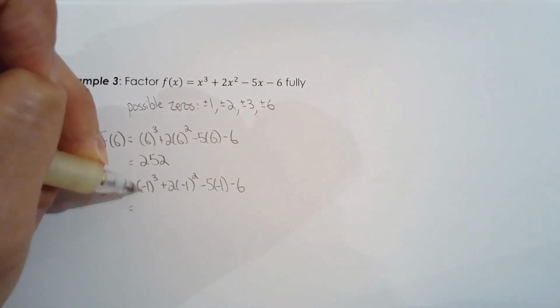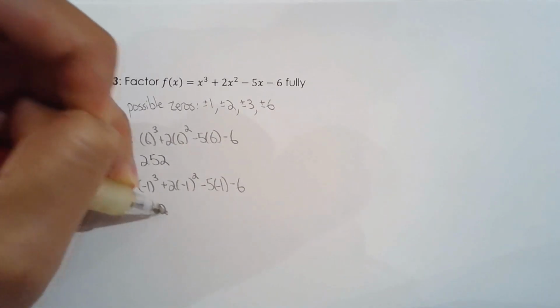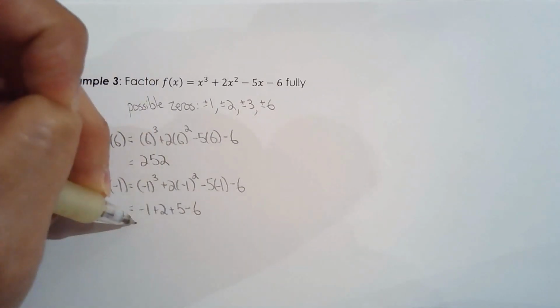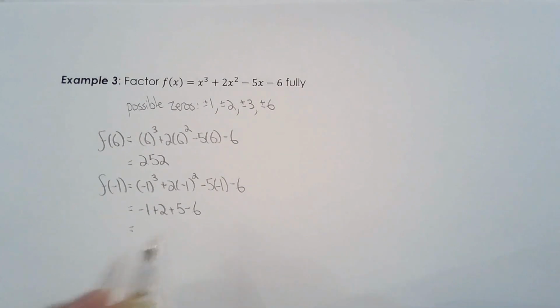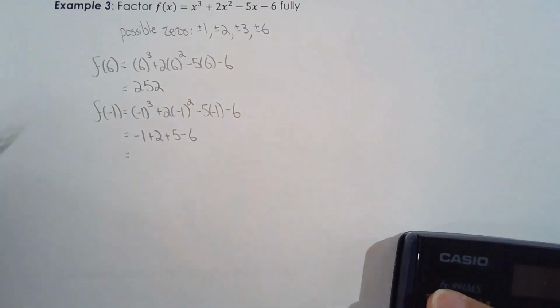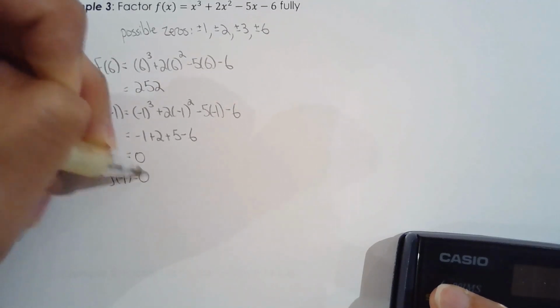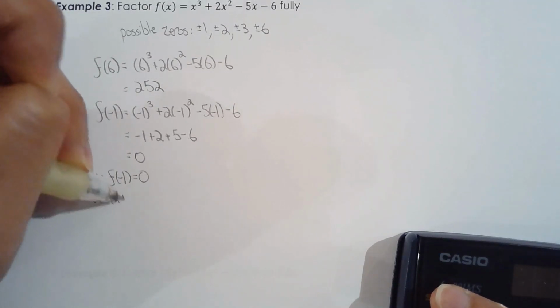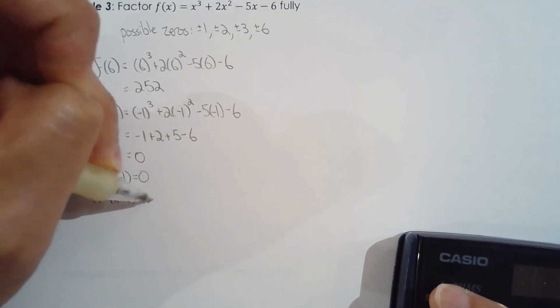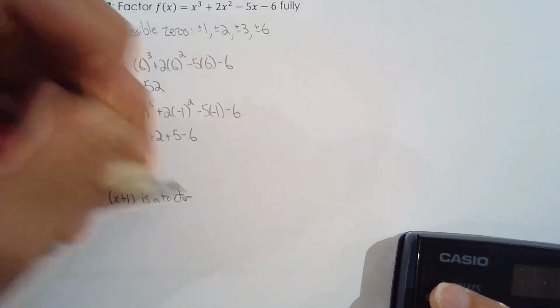So that's negative 1. Now I'll just write down all the calculations. 2 plus 5 is 7. Negative 1 minus 6 is negative 7. So we're looking good. Since f of negative 1 equals 0, therefore x plus 1 is a factor of f of x.